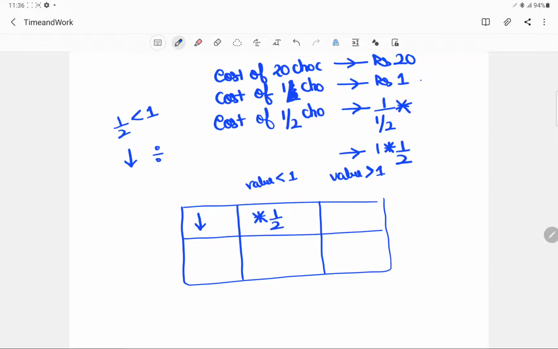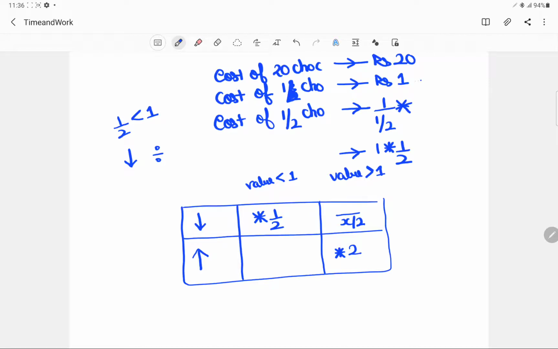If you feel the value will reduce for a value greater than 1, then you will directly divide by that quantity. If you feel that the value will rise or increase, so for example x is 2, if you feel that the cost will increase now, what you will do, you will multiply by 2.